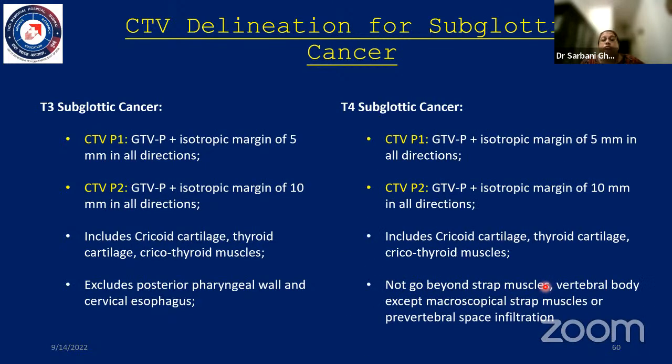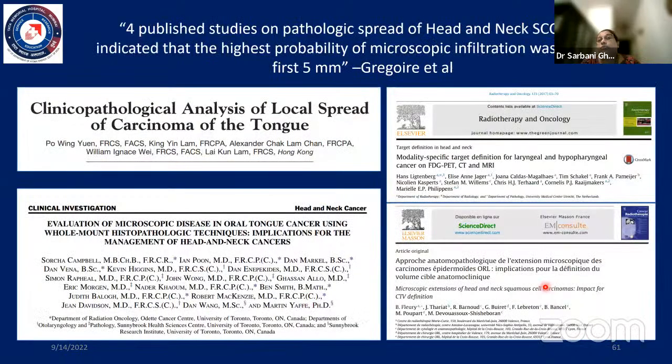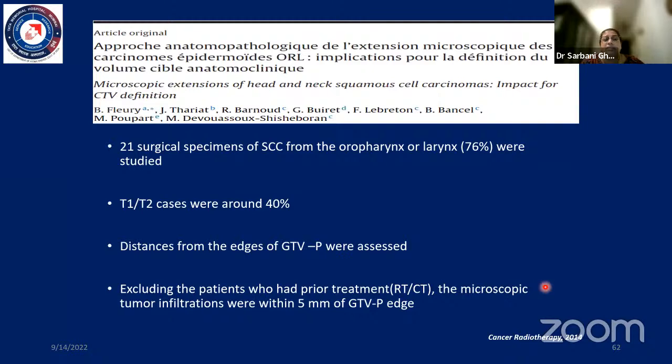Now this is the volume described for T3 and T4 subglottic cancers. The reason there are no pictures is essentially because subglottic cancers are very rare, and you really don't come across too often. And when the patient presents, the commonest sign of presentation is respiratory discomfort, and patients may end up having a tracheostomy and undergoing a laryngectomy.